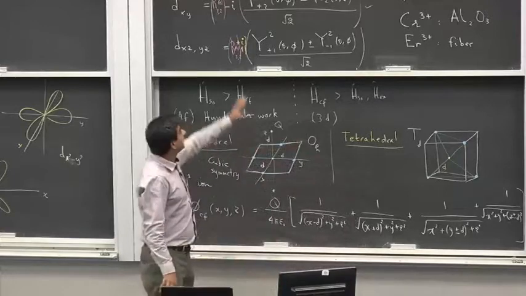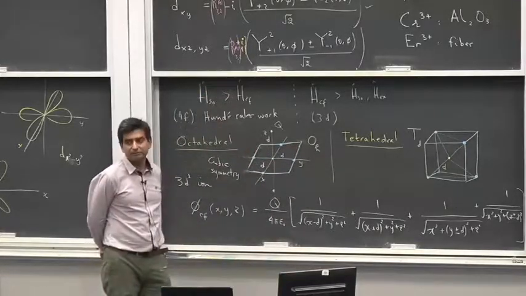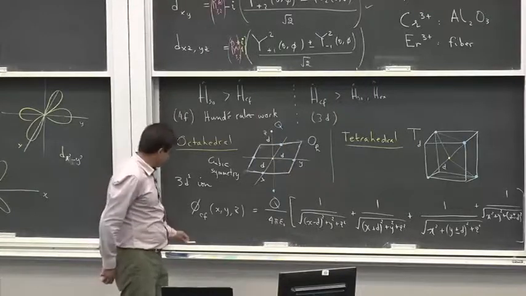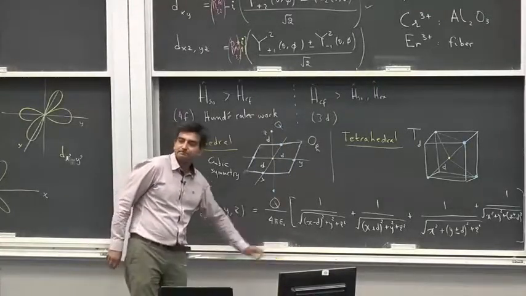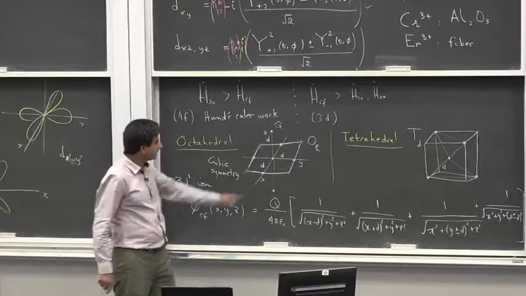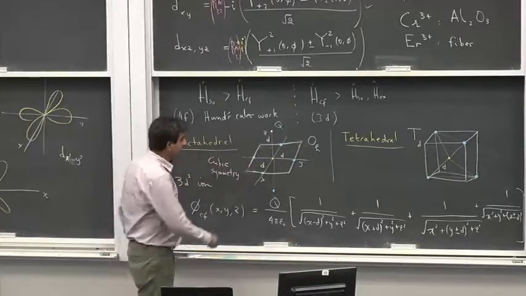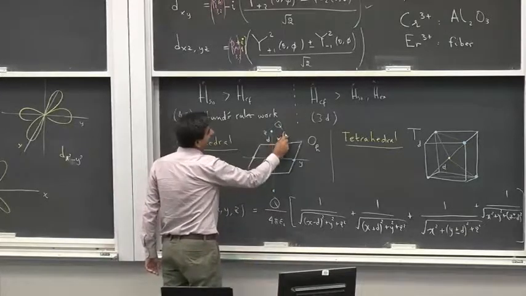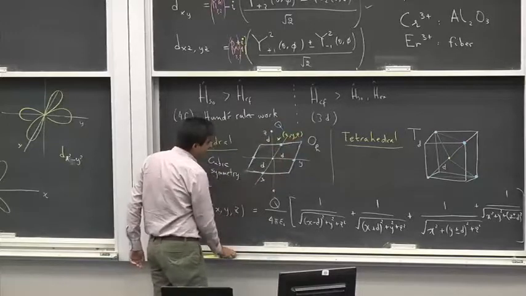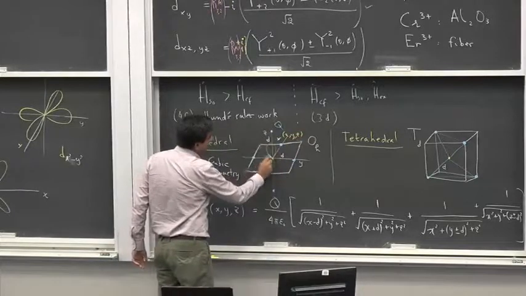Now I need to find out the energies of the orbitals, right? So I'm finding the potential at some point x, y, z, and the d orbital, whatever d orbital we're talking about, is extending in space.